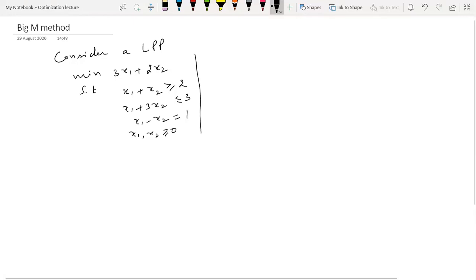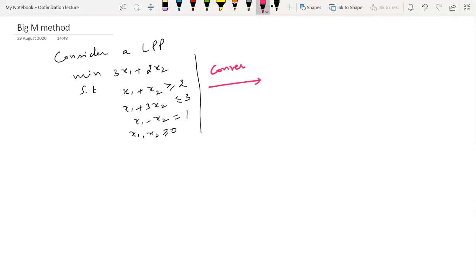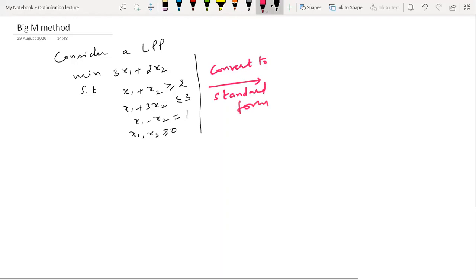Okay, so first what we do is convert to standard form. What is my standard form here?